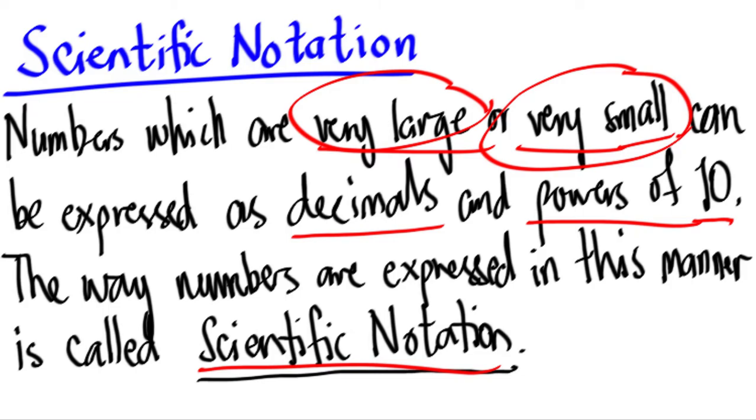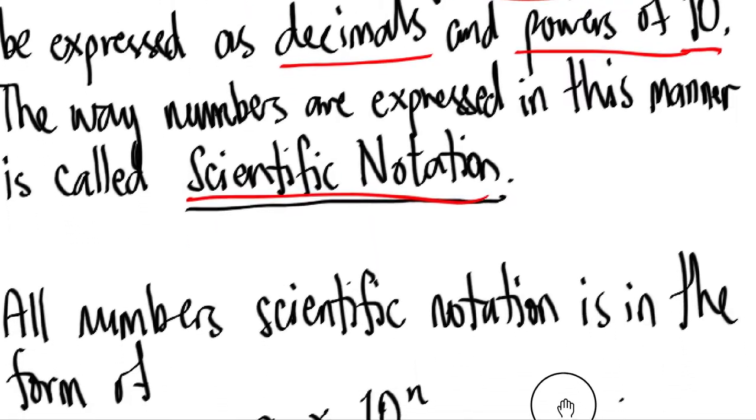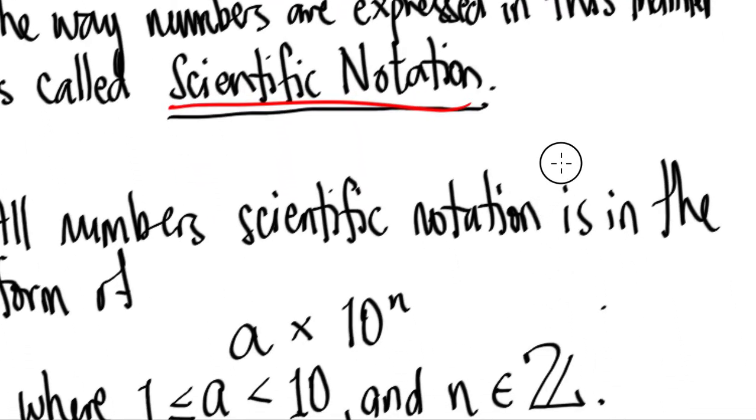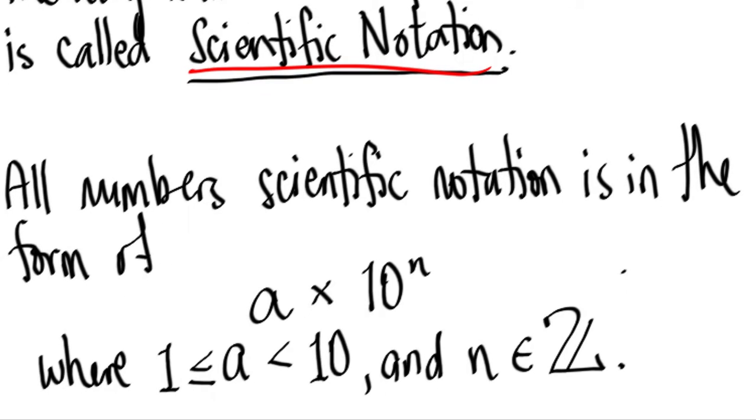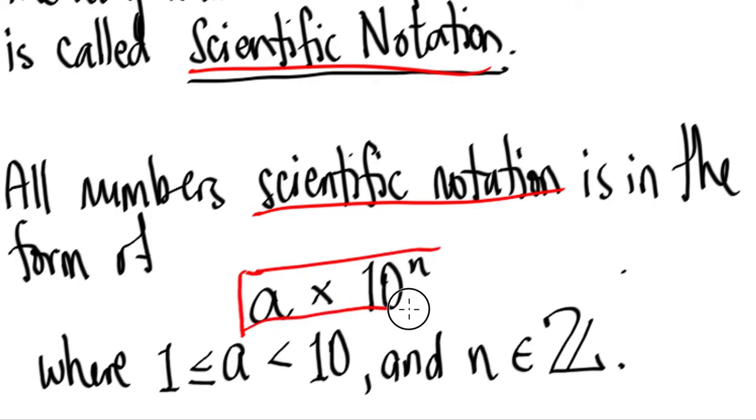So we need to get rid of those zeros. All numbers in scientific notation are in the form of a times 10 raised to the n, like I said, decimals with powers of 10.